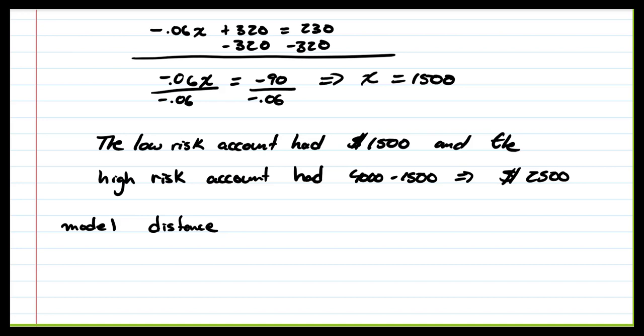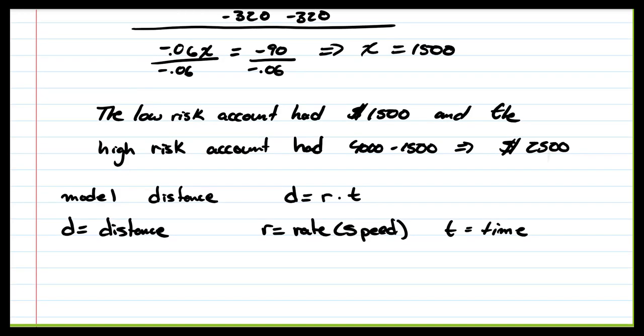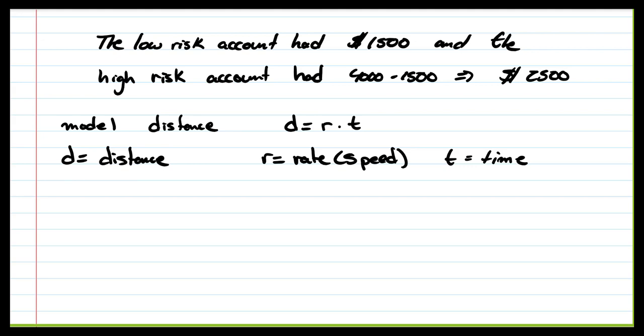Our model is d, our distance, is equal to rate times time. d is distance, r stands for rate, which really means our speed, and t is time. So distance is equal to rate times time. We're going to use this to help us solve our next example.